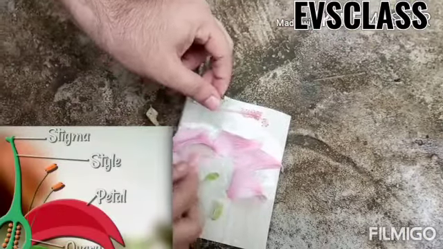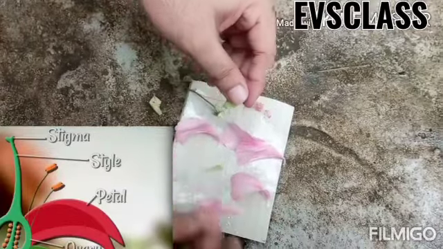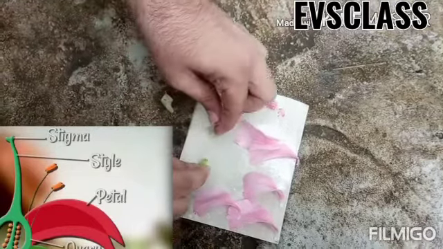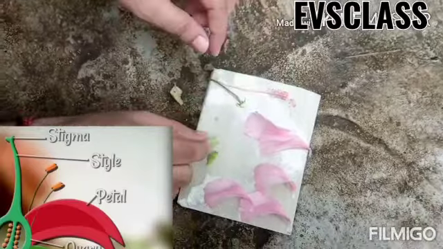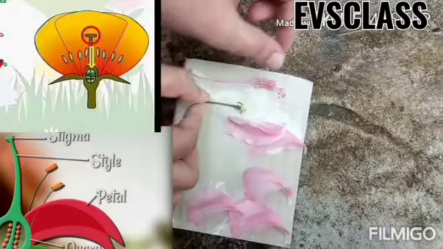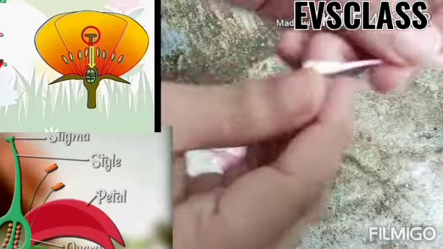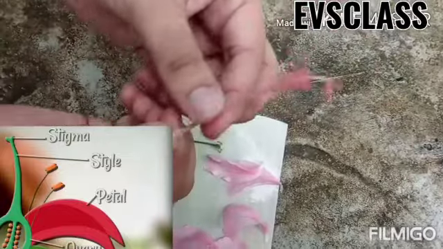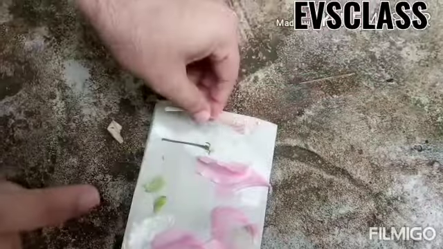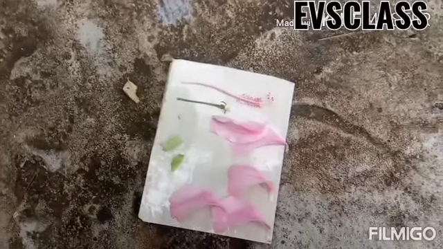All the parts I have placed separately: petals removed, sepals removed, all the parts separate. You see the long tube-like structure called the style, and the yellow part is the anther, the male part of a flower.